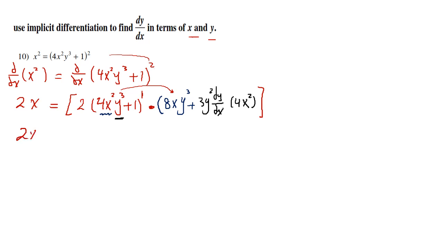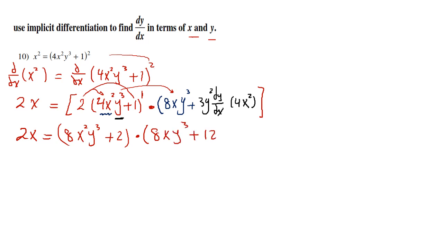So 2x on the left is equal to 2 multiplied by 4x^2, here is 8x^2 y^3, and 2 multiplied by 1 is 2. Multiply by 8xy^3 plus 12, 3 times 4, x^2 y^2 dy/dx, the derivative of y with respect to x.